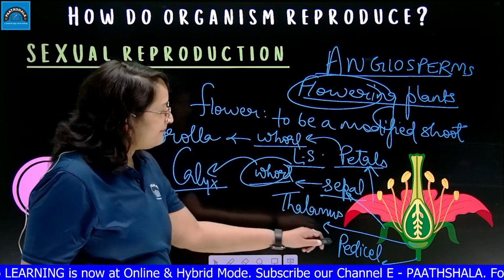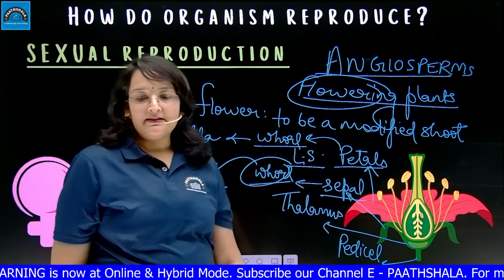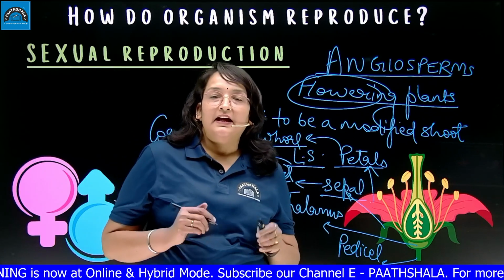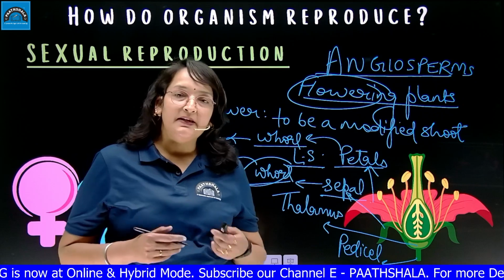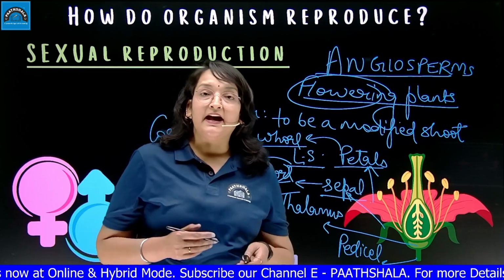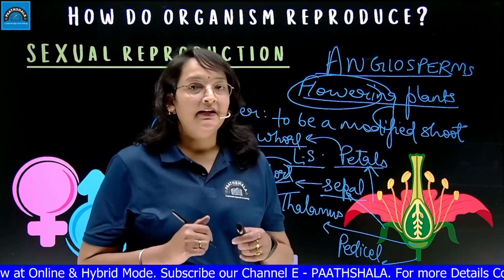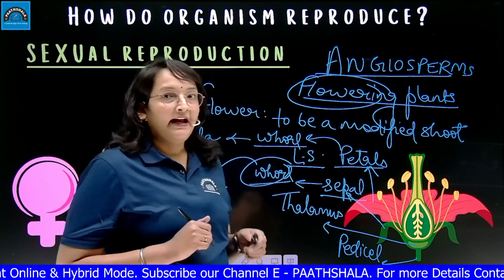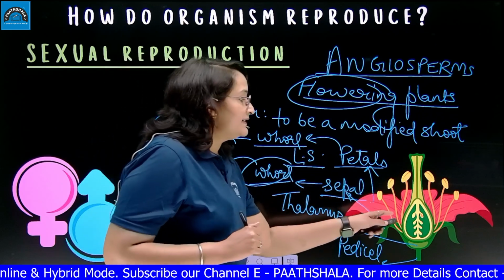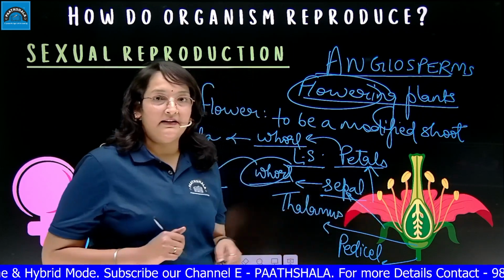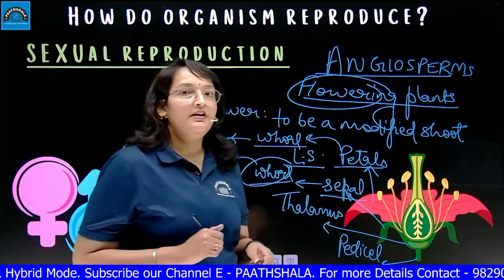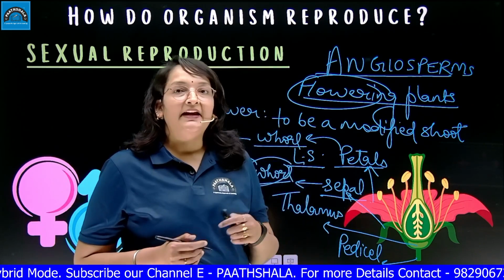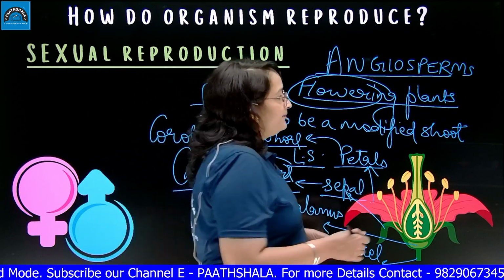All the rest, from the pedicel to the petals, are accessory organs which help in the process of reproduction, but they are not directly involved in reproduction. And when we talk about the structures which are involved in sexual reproduction, we will use the words androecium and gynoecium for them.